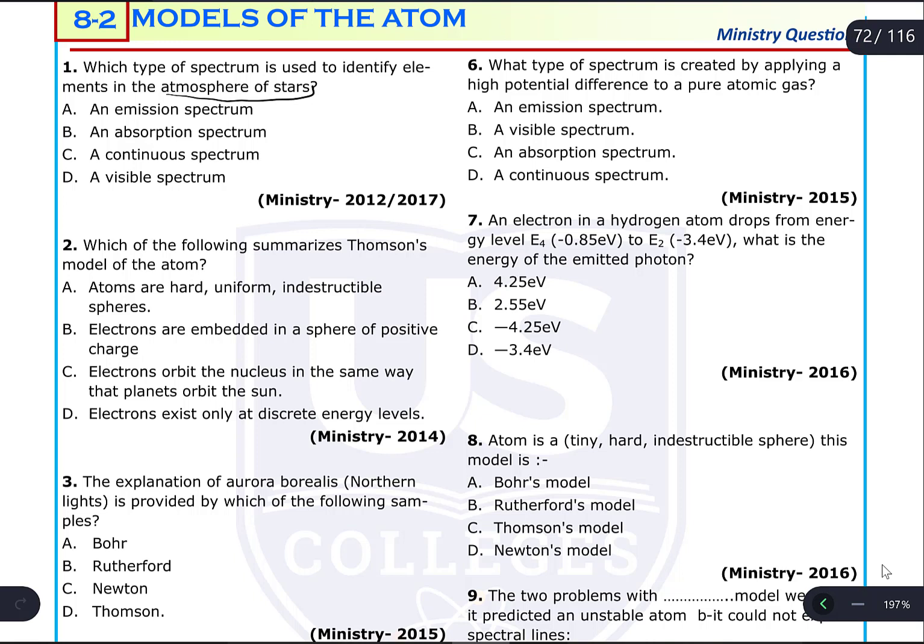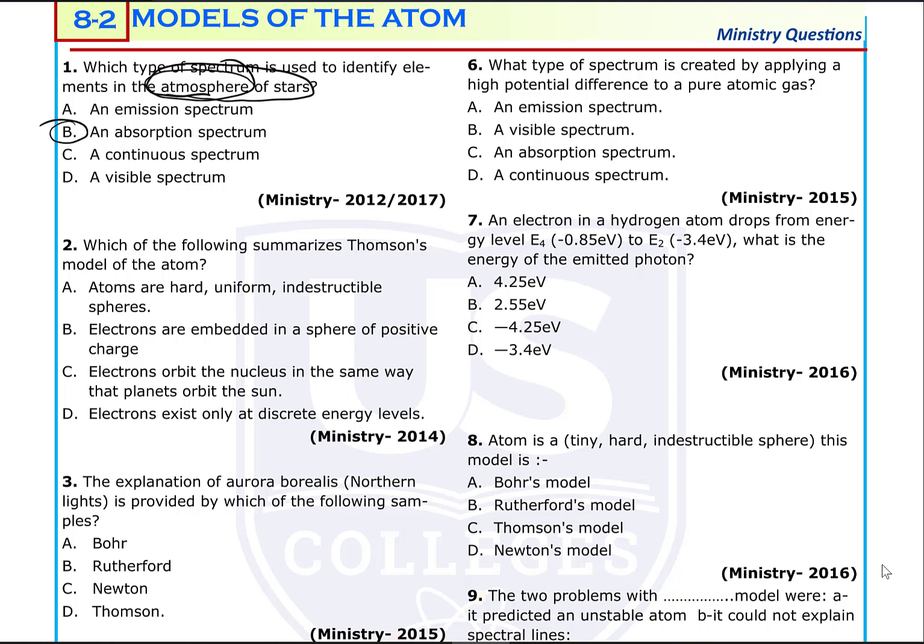So if we are going to define the elements in the atmosphere of the gas, absorption spectrum is used, because the light produced at the center of the star, which is a continuous spectrum, passes through the gases in the atmosphere, and then some photons are absorbed by these gases, and the position of those absorbed photons appears dark in that continuous spectrum, which is called absorption spectrum.